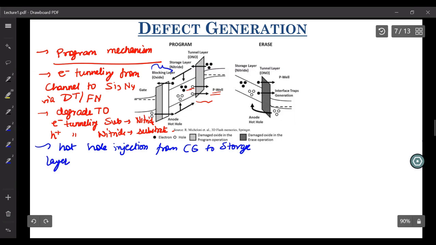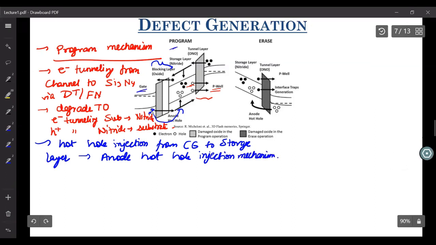This control gate is also a polysilicon layer in which there can be hot carrier effects, and because of this, these holes, which have a very high energy, may get injected towards the storage layer through this anode hole injection mechanism. So this mechanism is called the anode hot hole injection mechanism.